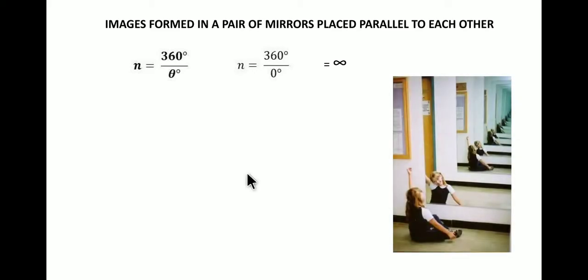So you can see that if the two mirrors are kept parallel, then there will be an infinite number of images formed. These reflections can be seen infinitely long, infinite times, but provided the intensity of light, the brightness of the reflections, will be lesser and lesser as the images formed continue up till infinity.